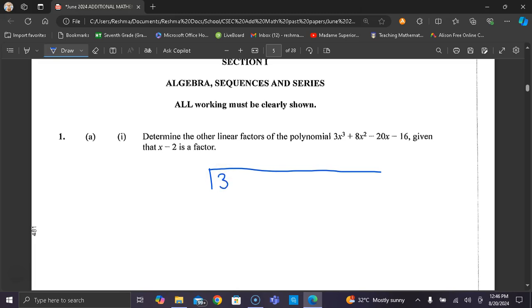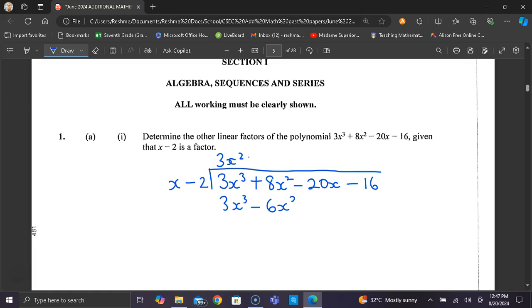Our dividend is 3x cubed plus 8x squared minus 20x minus 16, and our divisor is x minus 2. So let's divide. First, x into 3x cubed is 3x squared. Then we multiply: 3x squared by x is 3x cubed, and 3x squared by minus 2 is minus 6x squared.